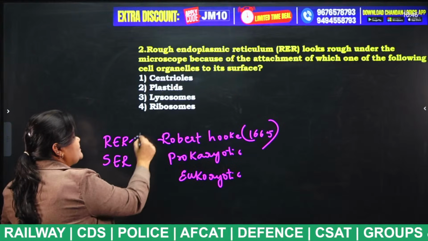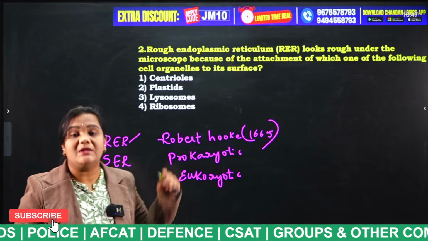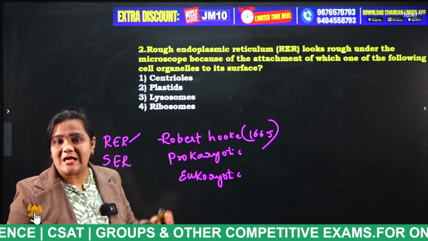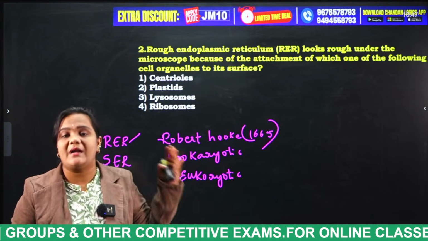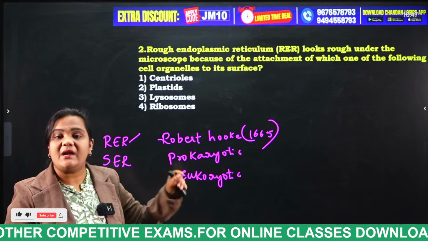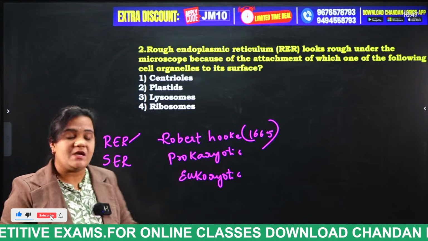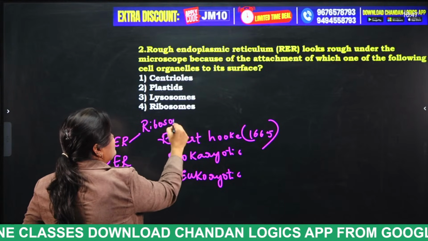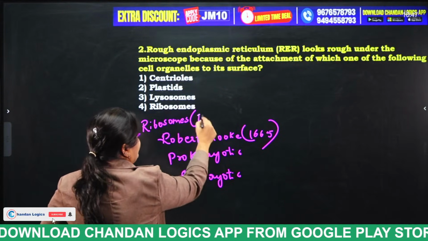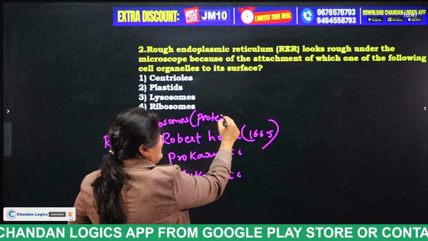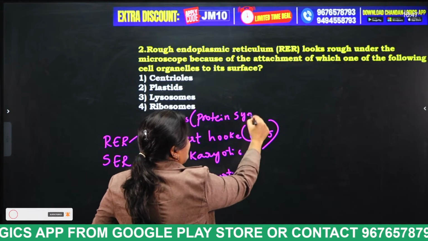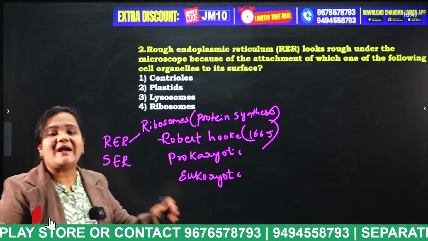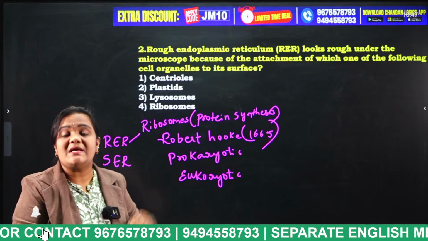When we observe rough endoplasmic reticulum under the microscope, it appears to be rough. Why? Because there is a part of the organelles which are known as what, students? Ribosomes. What is the function of these ribosomes, students? They synthesize protein. Ribosomes are considered as the protein factories of the cell.